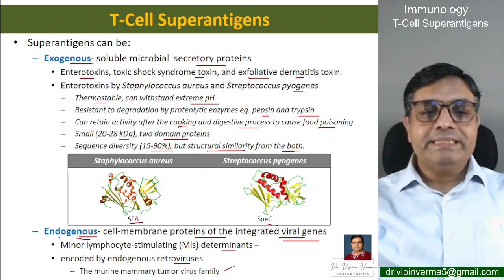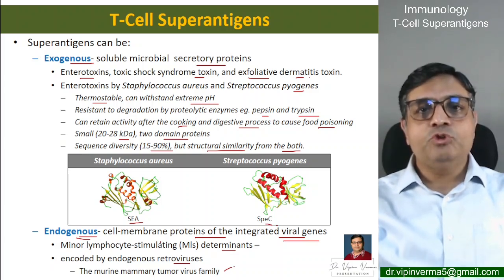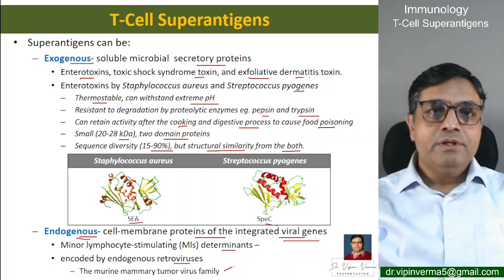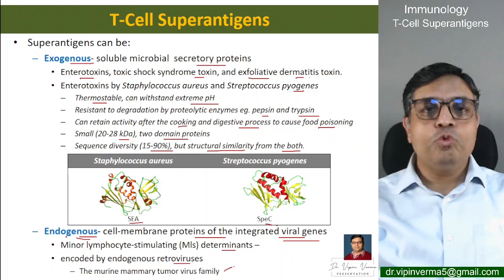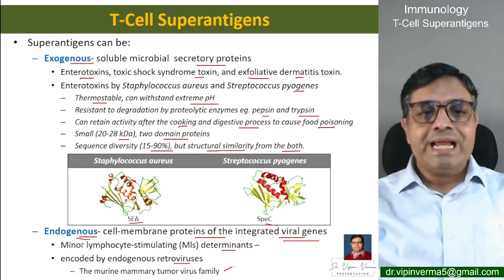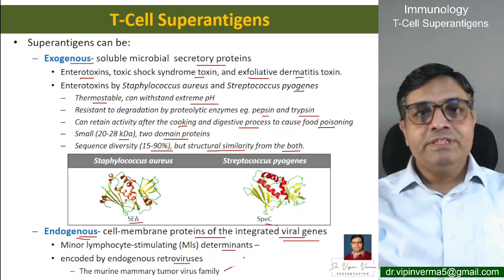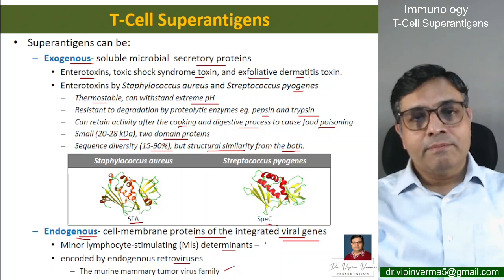So this is one example of the endogenous superantigen. So now, just to summarize for you, T cell superantigens are of two kinds, exogenous and endogenous. Exogenous ones are usually secreted by Staphylococcus and Streptococcus species, while endogenous ones are viral proteins which are expressed along with the host genes.